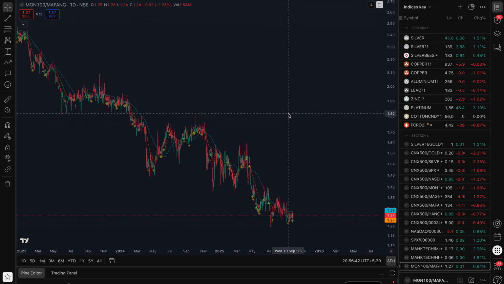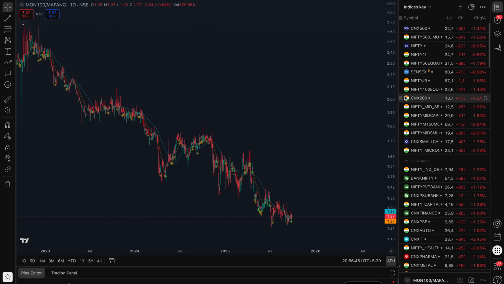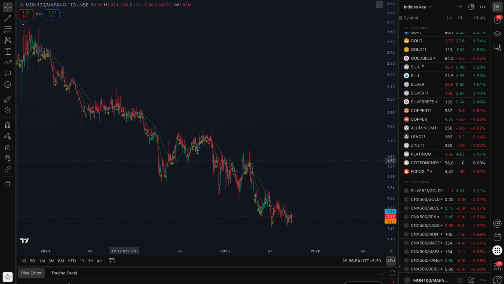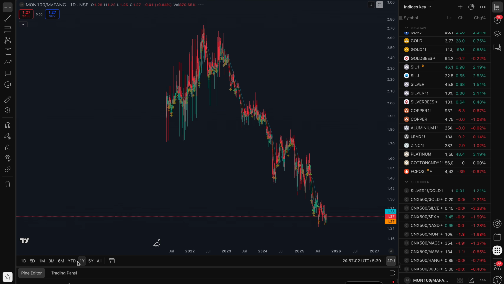For example, one decision is, Prakash, should I put more on Mon 100 or should I put more on Mafang? The decision is very simple. You plot Mon by Mafang, and you see that it's in a big downtrend. What does that mean?